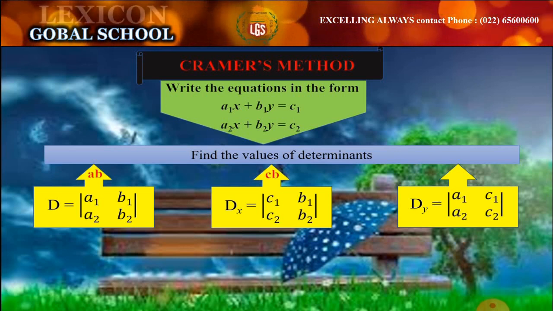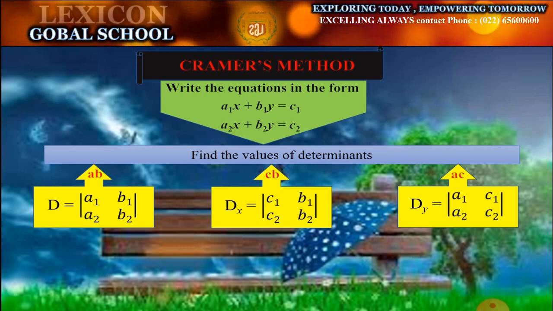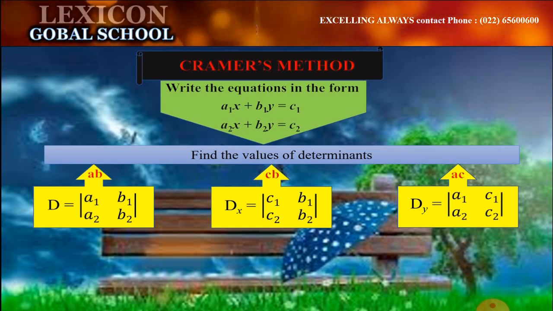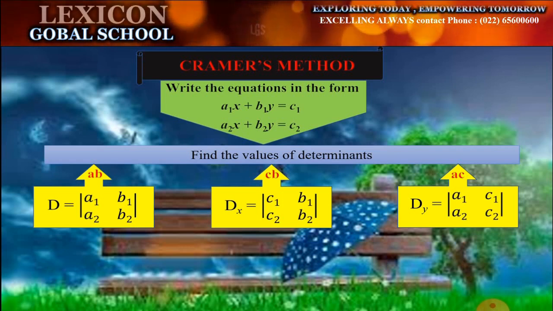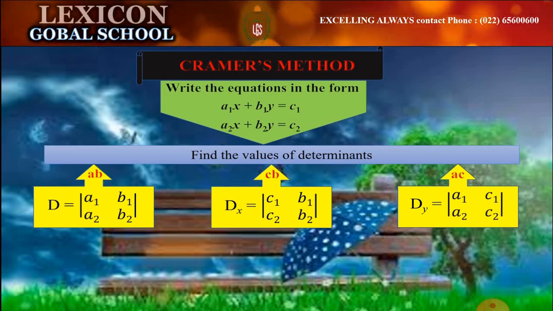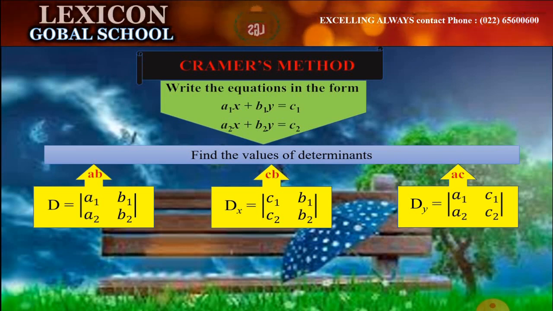And to remember this, we have AC. So in short, to find the value of the determinants, we have AB for D, cub for Dx and AC for Dy. This is a short form where we can remember the CRAMER'S method formula.